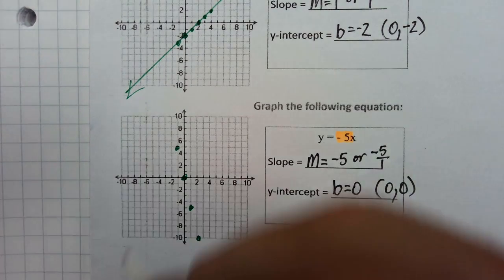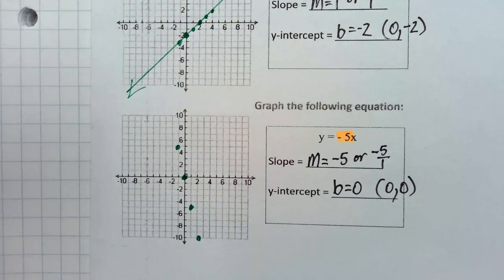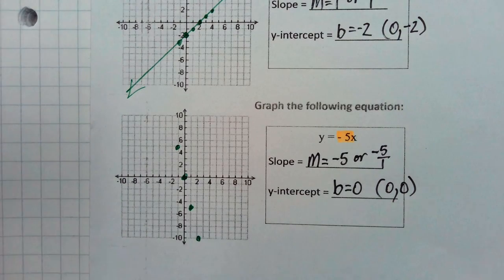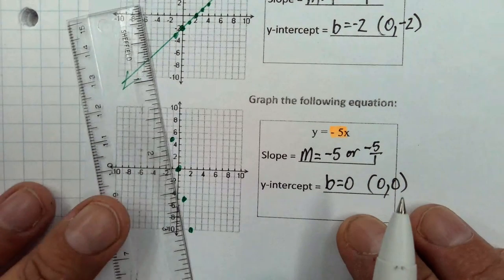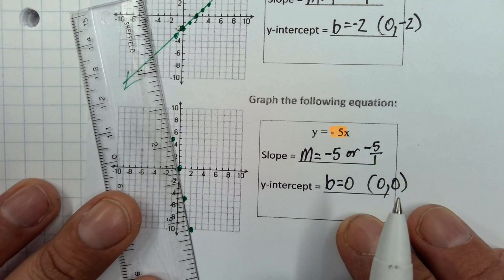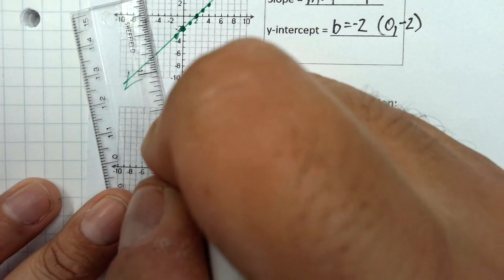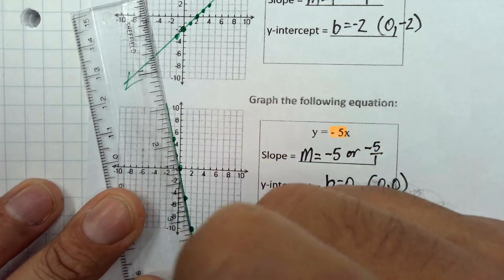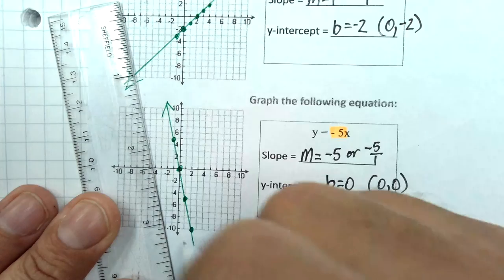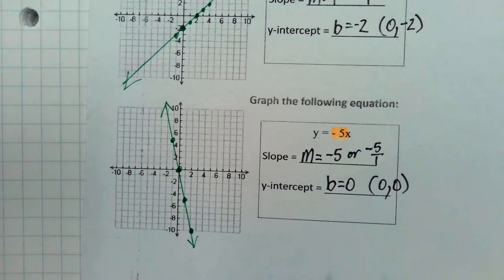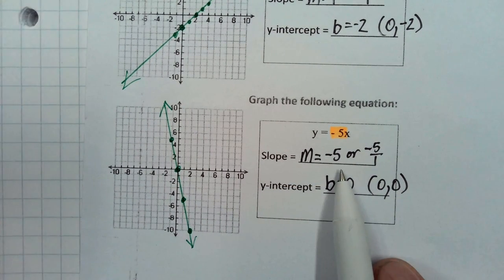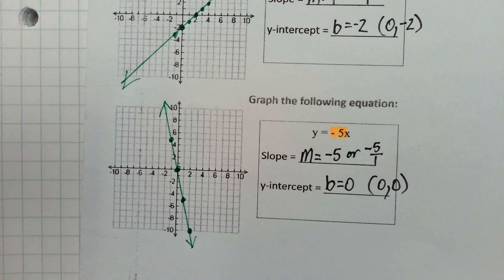There's a 4th point. So with 4 points, I think we've got a pretty accurate line here. Let's make the line. And should this line be going downhill? Yes, it's a negative slope. It's quite a steep negative slope too.